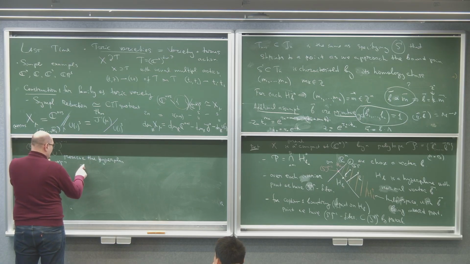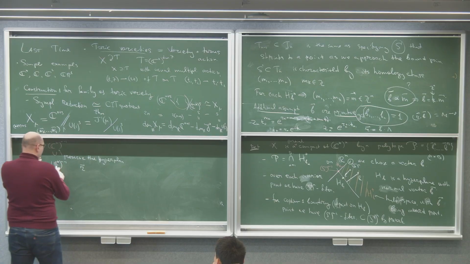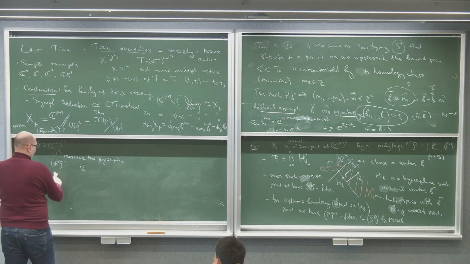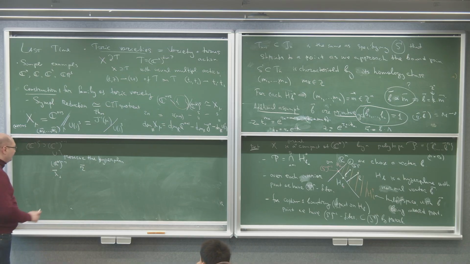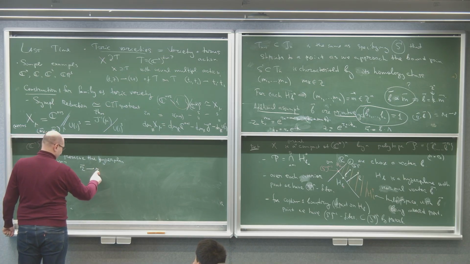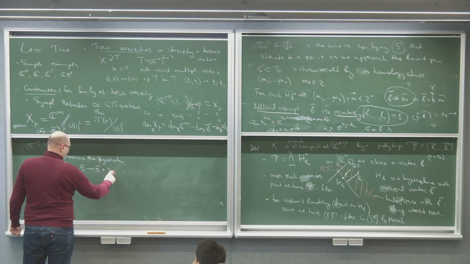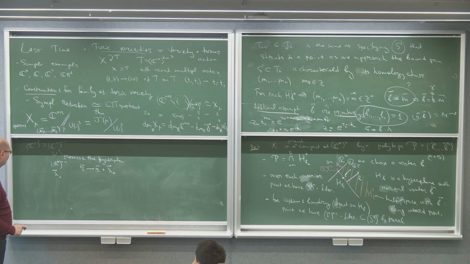And in our coordinates, the action of this thing, here we have some lambda alpha. They are just weights of this action. So the action is r plus lambda alpha.